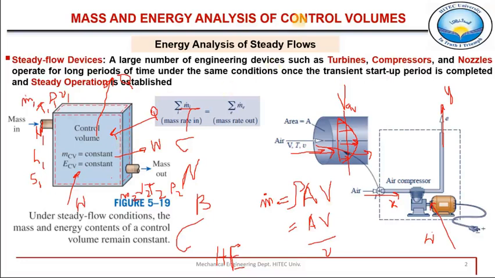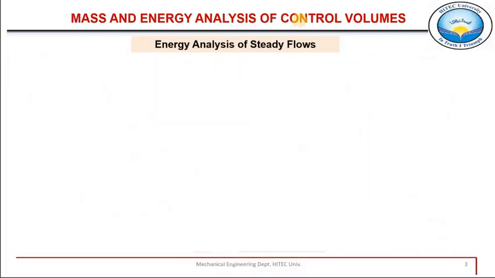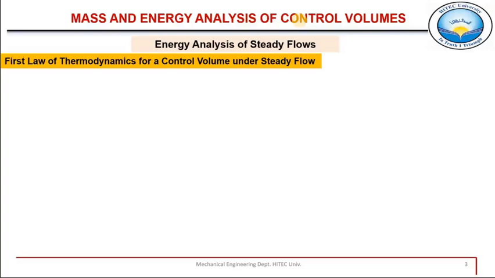Okay, let's move on. Now we shall apply the first law of thermodynamics for a control volume, not a control mass, so it's a control volume under steady flow. We know very well what is meant by steady flow, and also what is meant by control volume.